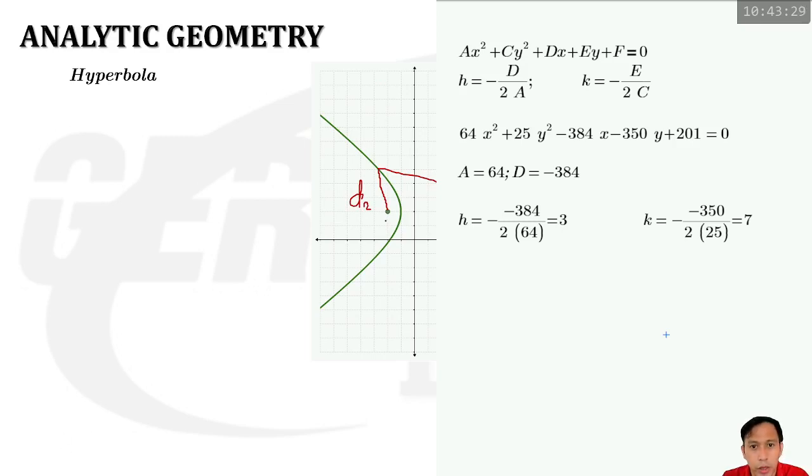So, ito na point. This distance minus this distance is constant. So, that is the graph na magawa. Okay?